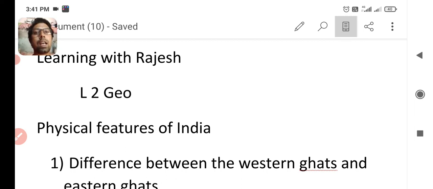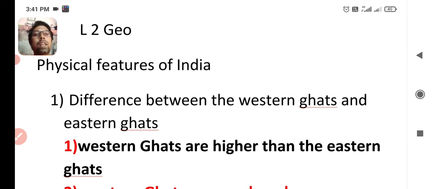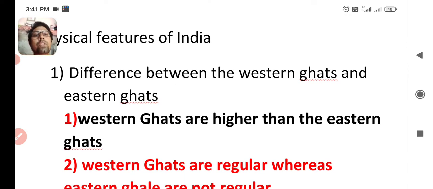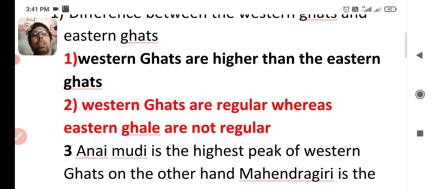So let's start. The first difference is that Western Ghats are higher than Eastern Ghats. You know that there are higher hills in the Western Ghats in comparison to Eastern Ghats. And the second major difference is that Western Ghats are regular whereas Eastern Ghats are not regular.